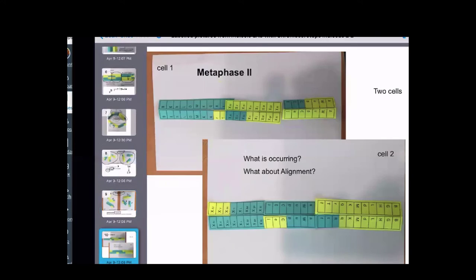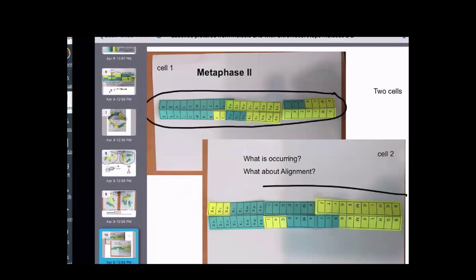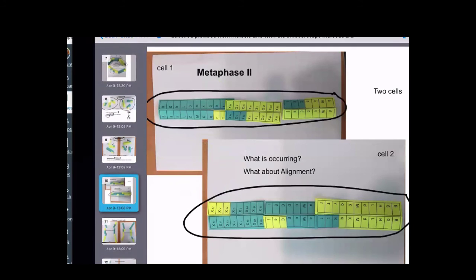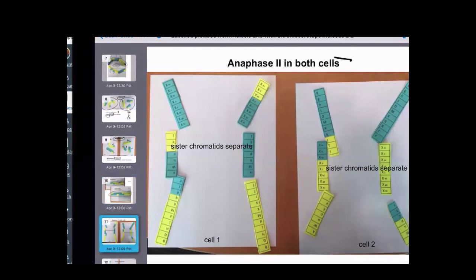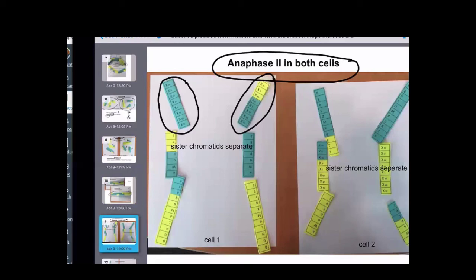Now we undergo metaphase 2. So now you see the individual chromosomes lining up in one cell. Same thing happening in the other cell. And then you undergo an anaphase 2 in both cells. And now you see this is where those sister chromatids finally separate and move to opposite sides.